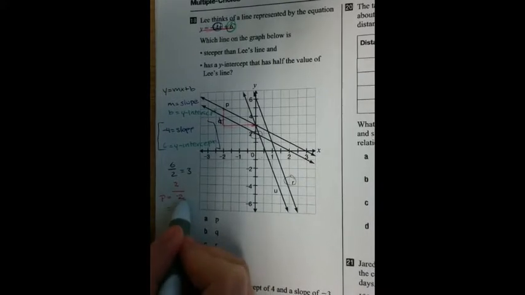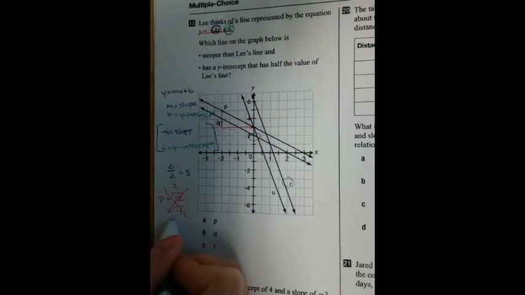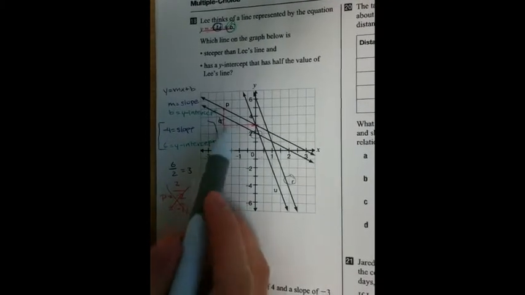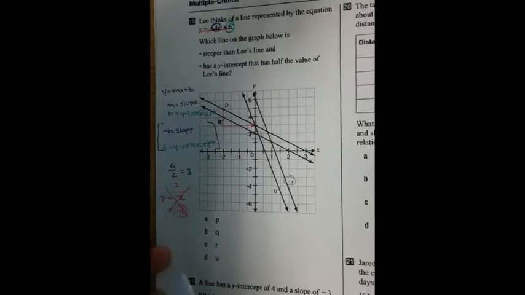So P would not be steeper than Lee's line because the value of the slope is a lot less than the value of Lee's. Remember, when we're looking at slope, we're not looking at the negative in front. That means nothing to us at the moment. That just means the direction of the slope. The steepness is measured by the actual number, the absolute value, rather than the negative sign put in front of it.